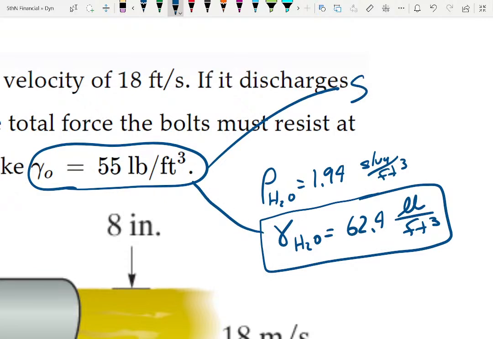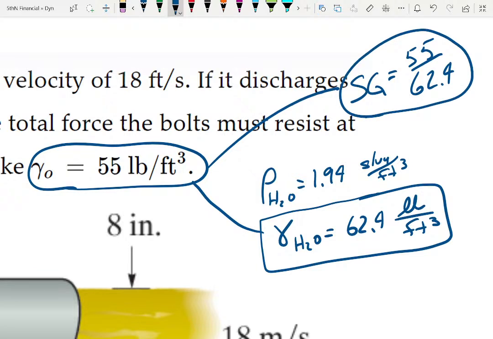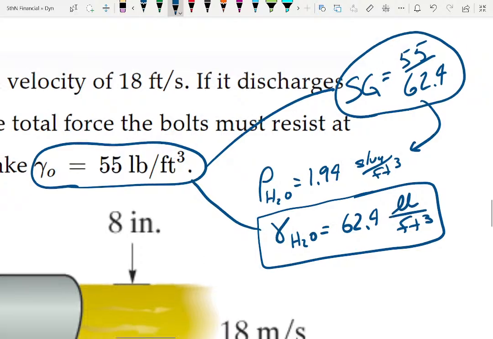So the specific gravity is equal to 55 over 62.4, meaning that this is the ratio. The oil is lighter than water. And then I can multiply that times 1.94 to get that density.